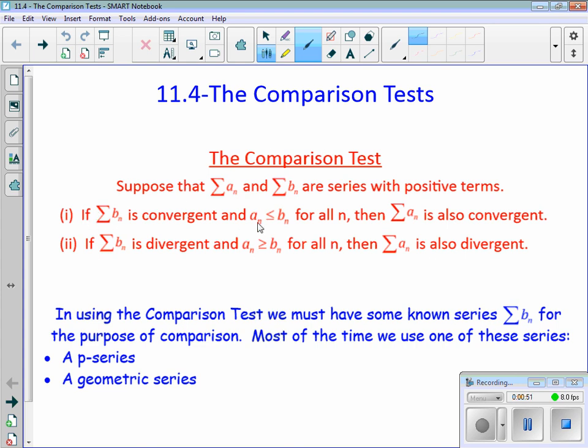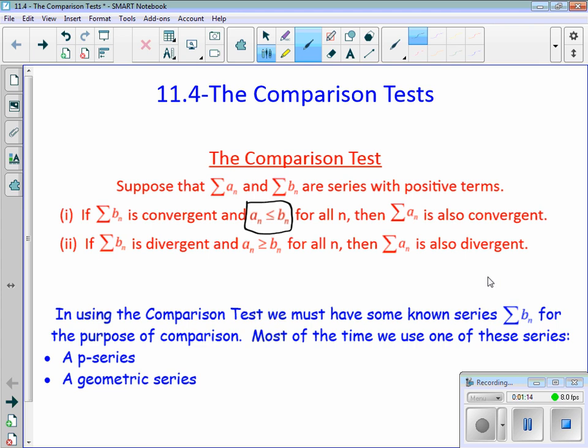So if we're starting with this part here, if our a sub n is less than or equal to our b sub n, and if the bigger one converges, does it make sense that the smaller one's going to converge? Yes, right?